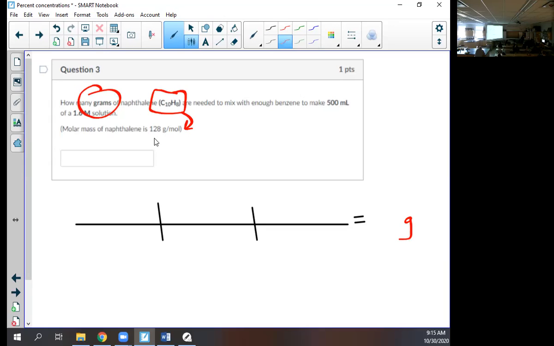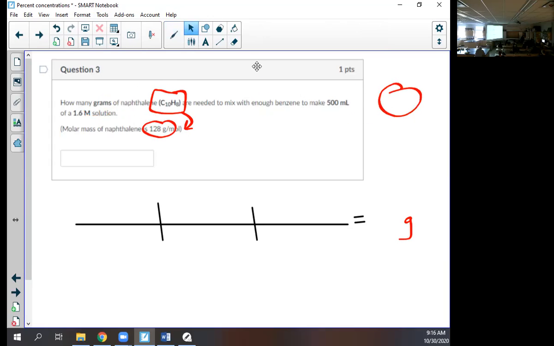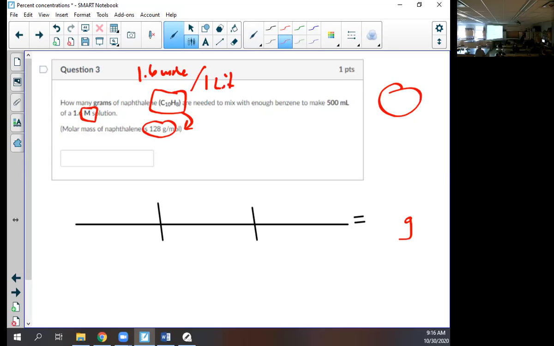All right, so there's a proportion. And then please remember, capital M, tell your partner one more time. What does capital M really mean? Molarity, which means moles per liter. 1.6 moles per 1 liter.